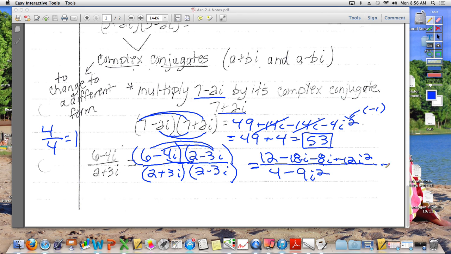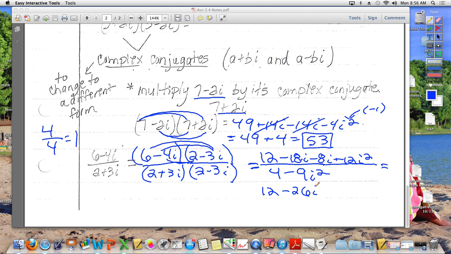Now we've got to clean this up. So we have a 12 on the top. Negative 18i minus 8i is negative 26i, right? Positive 12i squared. What is 12i squared?